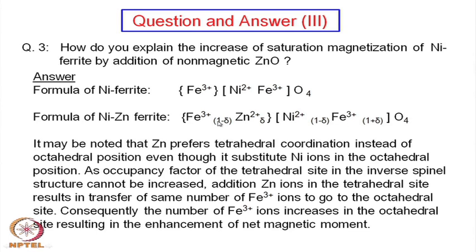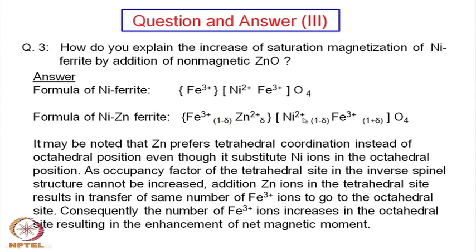So, there is a transfer of Fe3 plus ions from the tetrahedral to the octahedral side. So, there is a disbalance here, in the sense that this becomes 1 plus delta and this becomes 1 minus delta. So, earlier it was 1:1, now this has become little less than 1 and this becomes little more than 1.